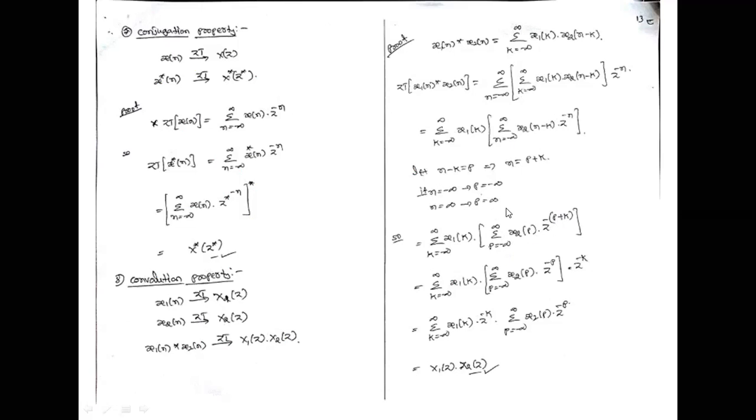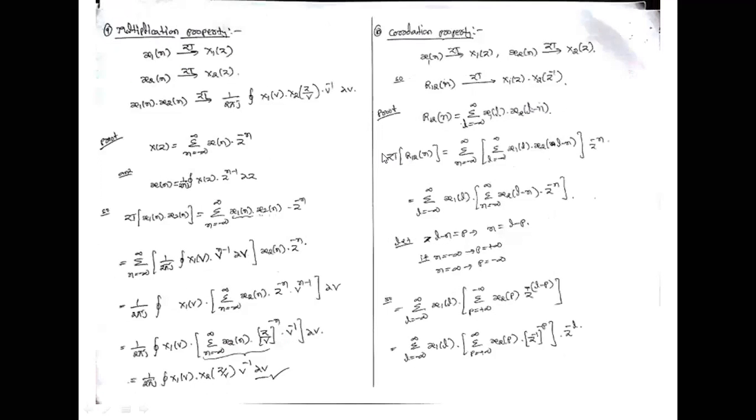According to the definition of the z transformation, the total function in the parenthesis is x of z. Here the signal is x2, so it becomes x2 of z. And the sum over k of x1 of k, z power minus k, is the definition of the z transformation with signal x1, so we get x1 of z and x2 of z. Got it, my dear students?